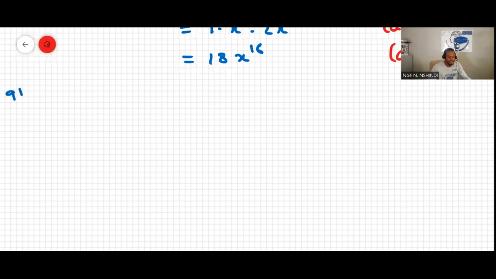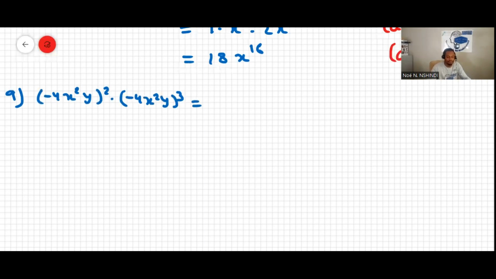Well, question 9. The question says negative 4x to the power of 2 y, all to the power of 2, multiplied by negative 4x squared y to the power of 3. Now this will be what?